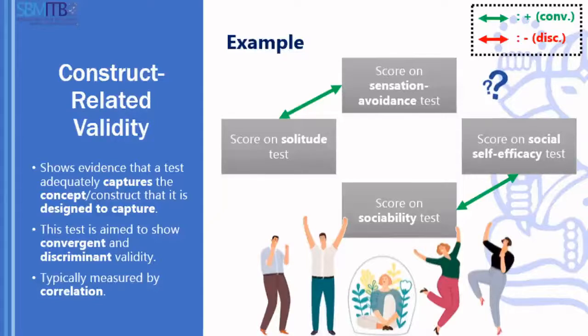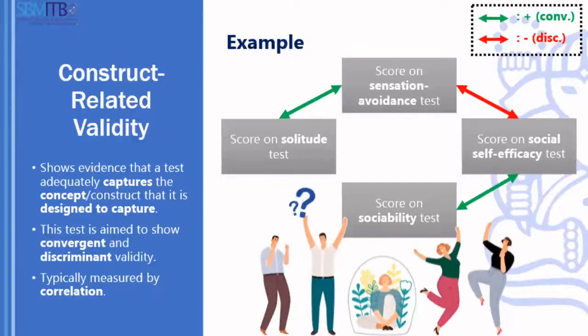Next, sensation avoidance and social self-efficacy scores. This relationship is supposed to portray discriminant validity, since a person who often avoids sensation tends to get anxious easily, especially when he or she is in a social situation.